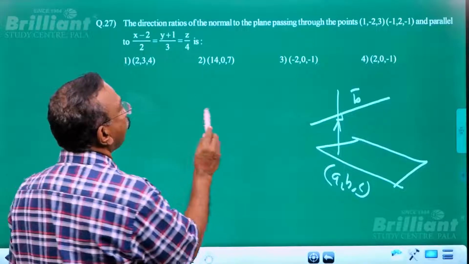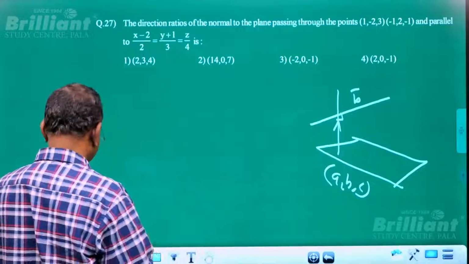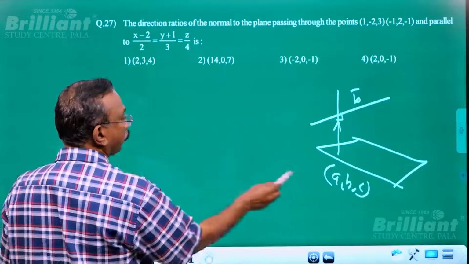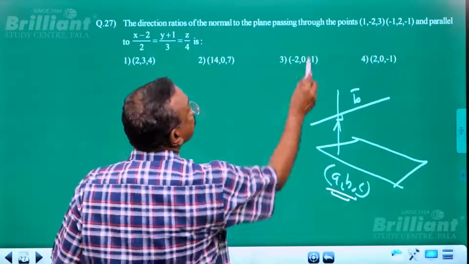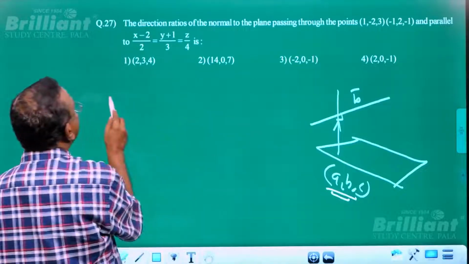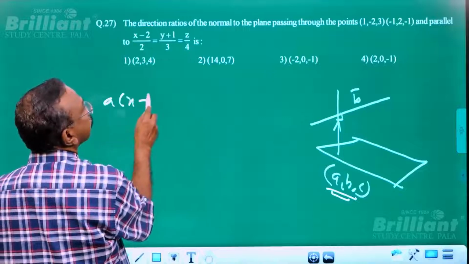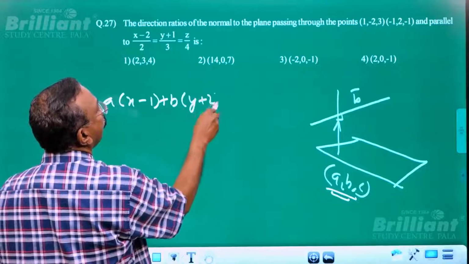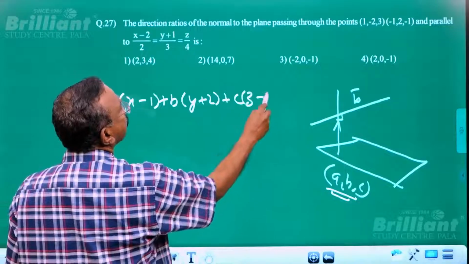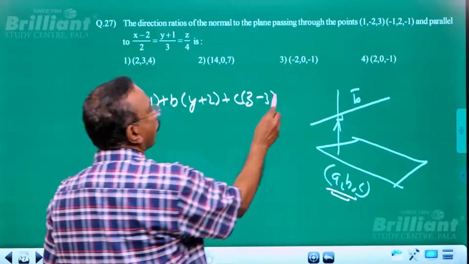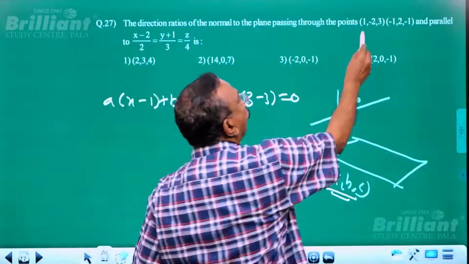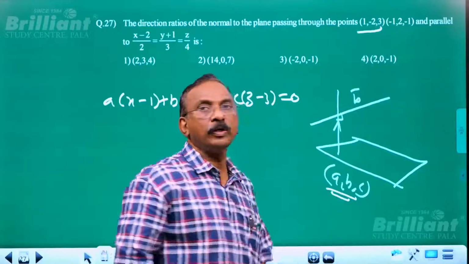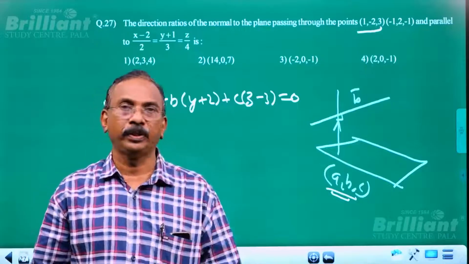At the same time, you can easily write down the equation of any plane passing through that point: A into (x minus 1) plus B into (y plus 2) plus C into (z minus 3) equals 0, a plane passing through one of the points with direction ratios ABC. You want to know what is ABC.